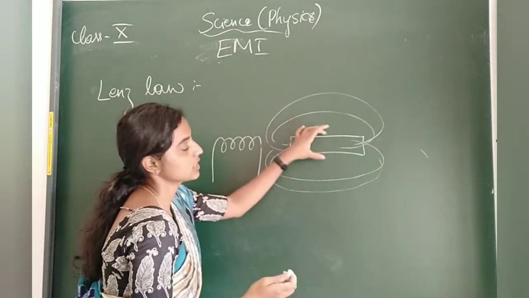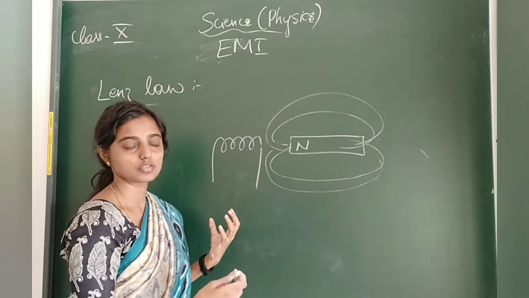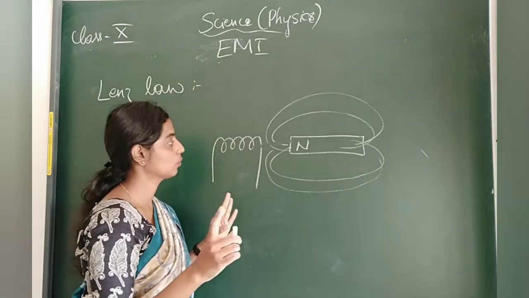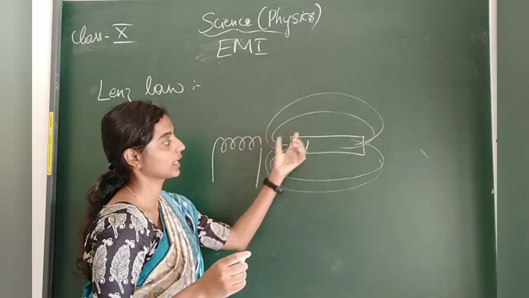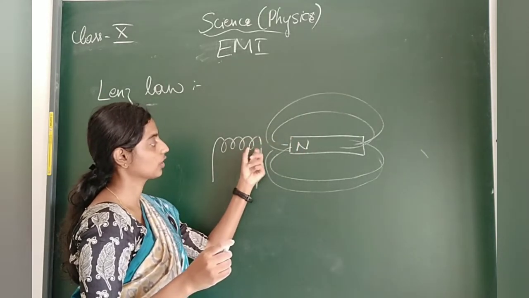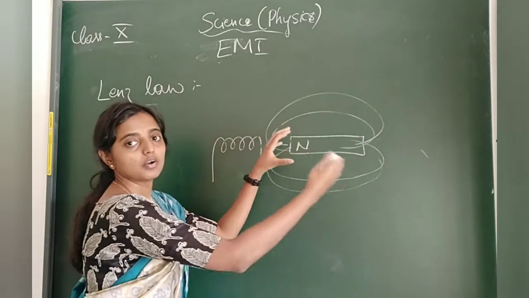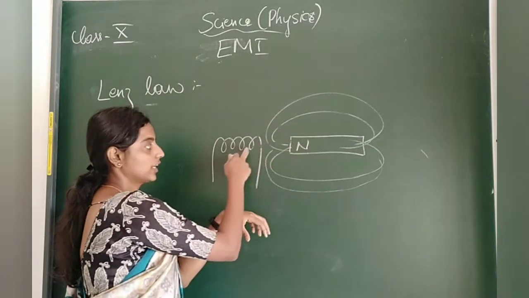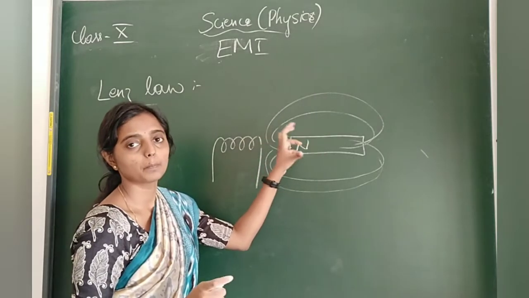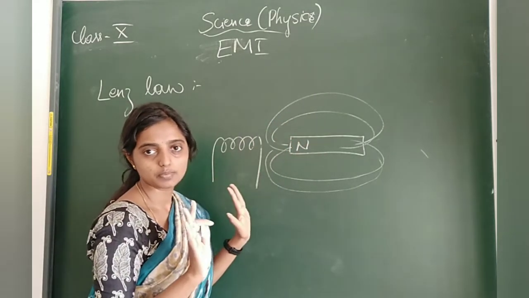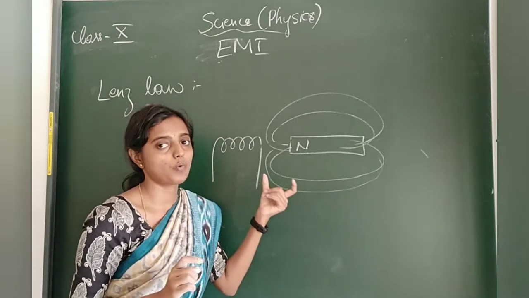While opposing this magnetic field, the induced current is produced. Remember the word I told you: when the induced current is produced, the end of the coil will start opposing the magnetic field which is trying to link with it. All you need to remember is the word opposing.